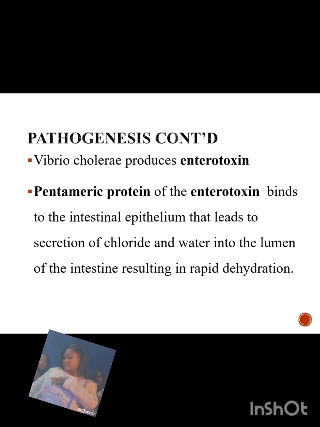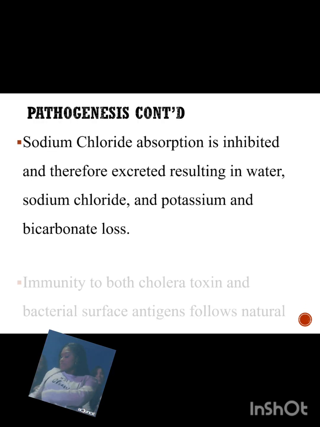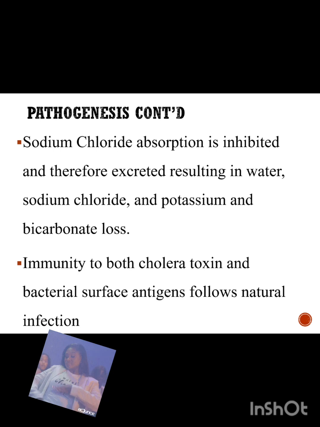Now this will cause dehydration in the body. Then sodium and chloride absorption is also inhibited, resulting in water, sodium, potassium and bicarbonate loss from the body. This is what causes the watery diarrhea and the vomiting, because of the accumulation of fluids in the intestines.